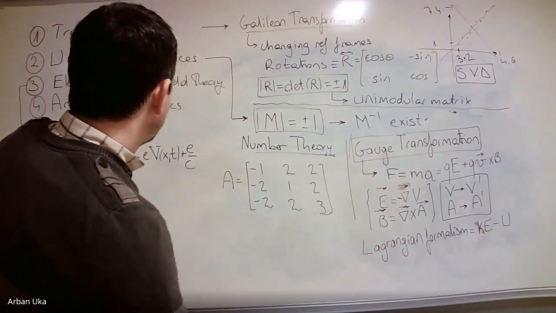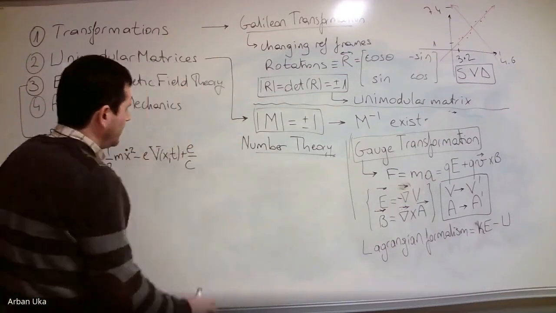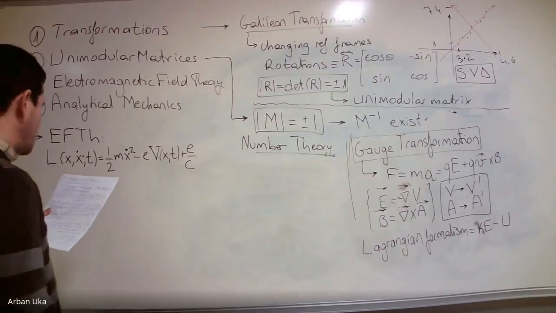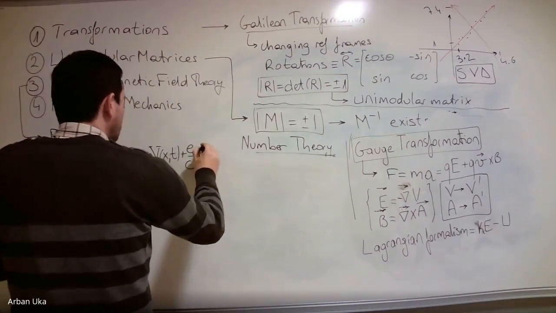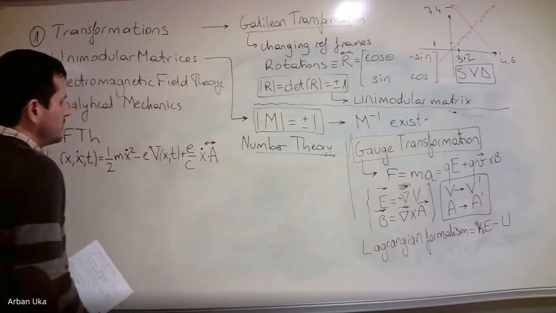But now I need some space. Maybe I can erase this part here. So here we have e over c times the velocity times the magnetic field potential.